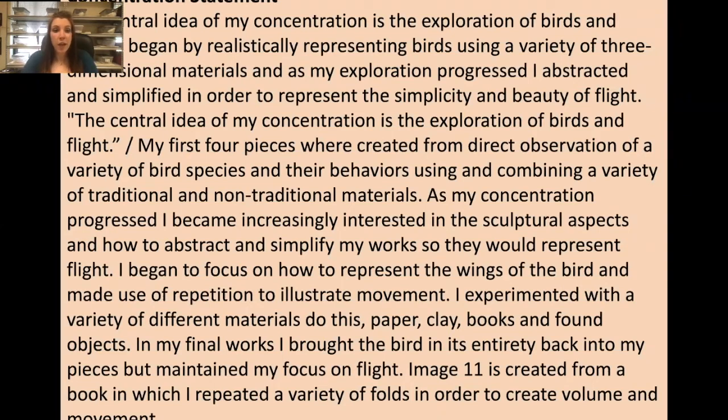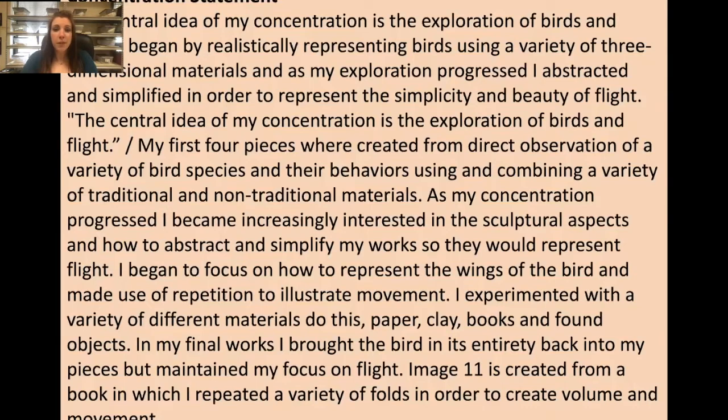The central idea of my concentration is the exploration of birds, and that began by realistically representing birds using a variety of 3-dimensional materials. And as my exploration progressed, I abstracted and simplified in order to represent the simplicity and beauty of flight.